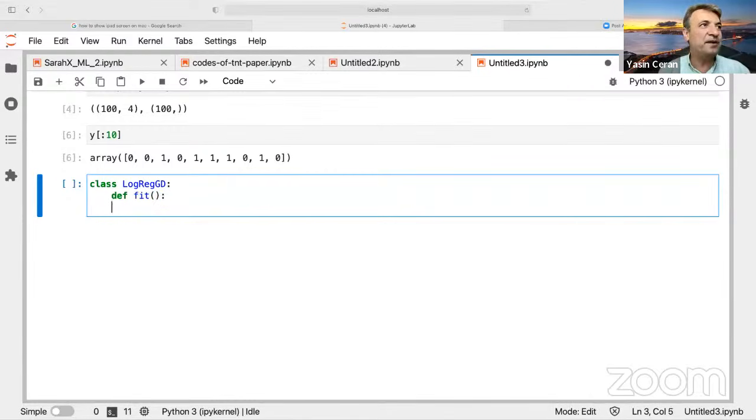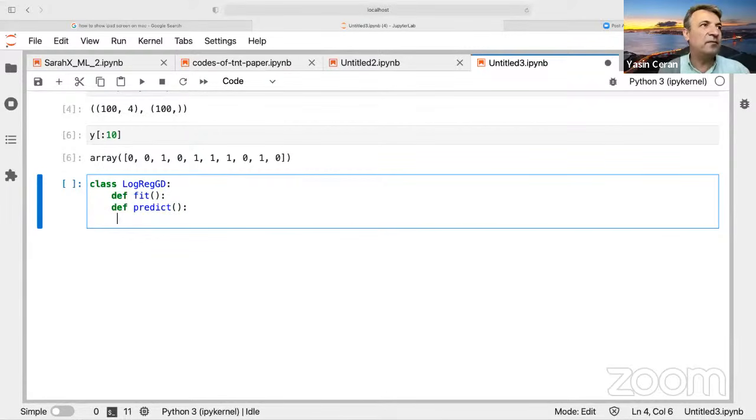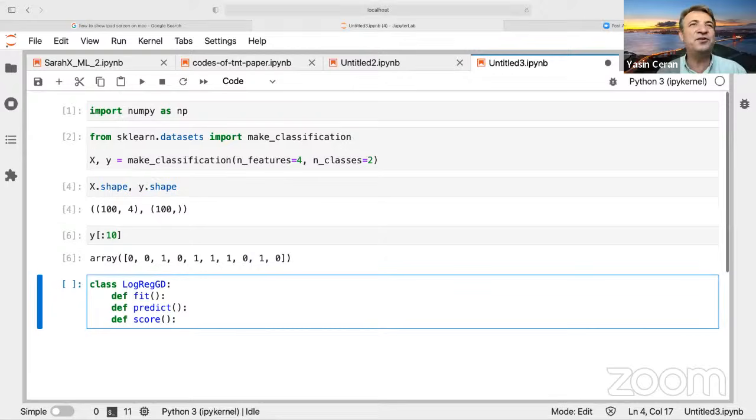Another one is going to be predict. And another one is going to be score. So there are going to be 3 functions. You can add more functions if you want to create more modular code.